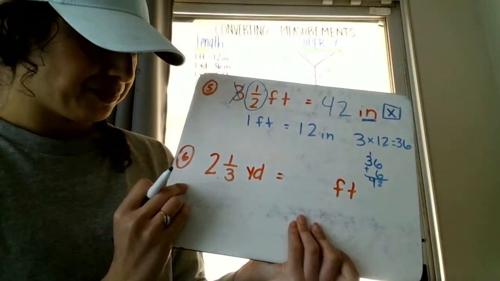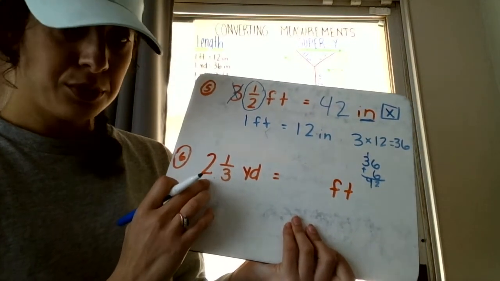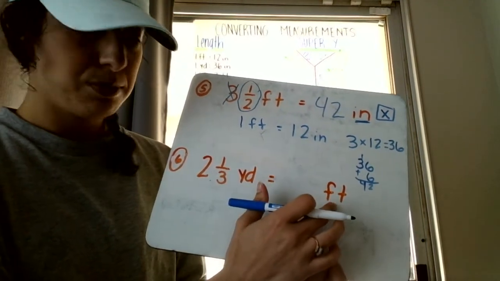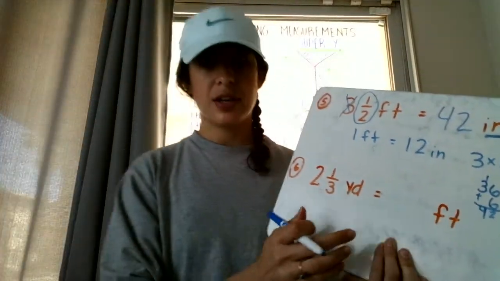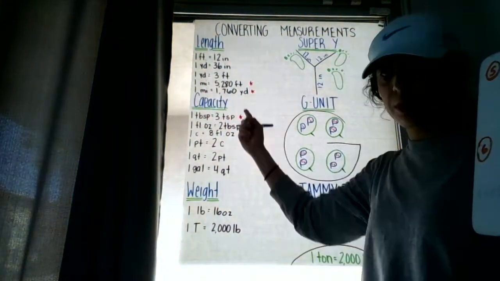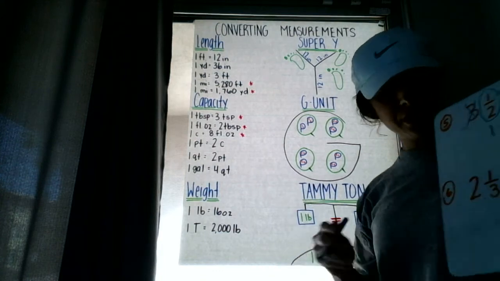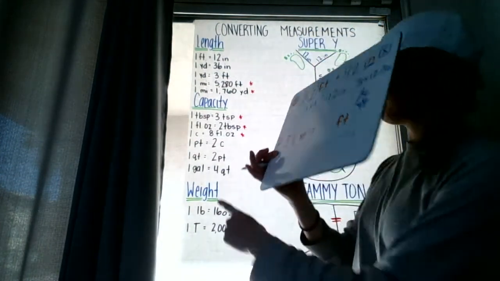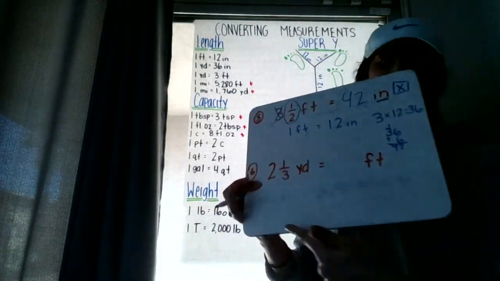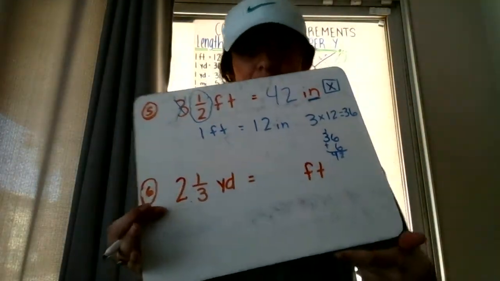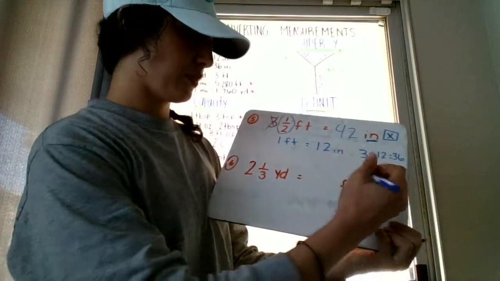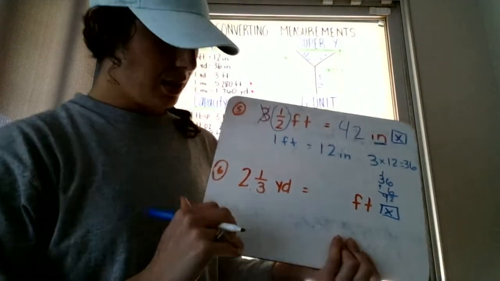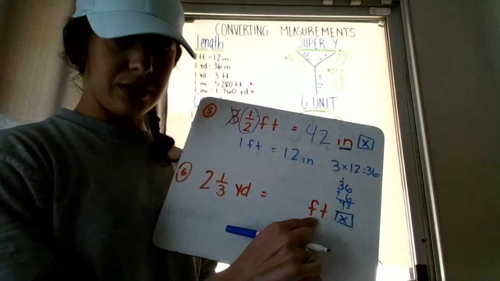And last one. I have 2 1/3 yards, and I want to change them to feet. So remember, a yard is the length of this poster, and 1 foot is this. So I'm going from big to small. So once again, I'm going to multiply. So I'm going to put multiply, and I'm going from yards to feet.